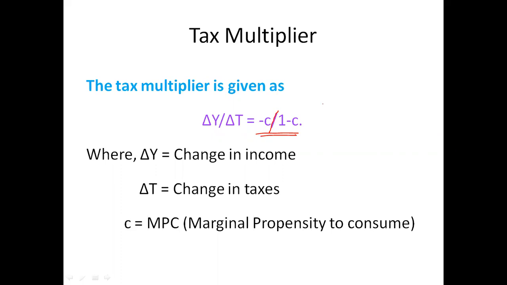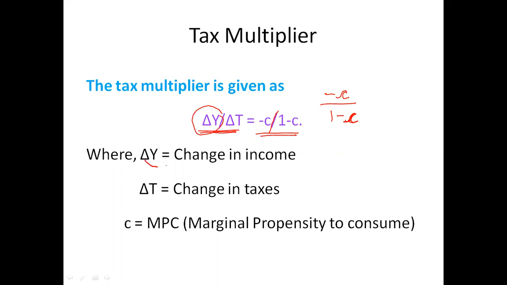So you have to remember this: minus small c divided by 1 minus c. This is the formula. Just remember this. And you remember delta y by delta t, where delta y is known as change.